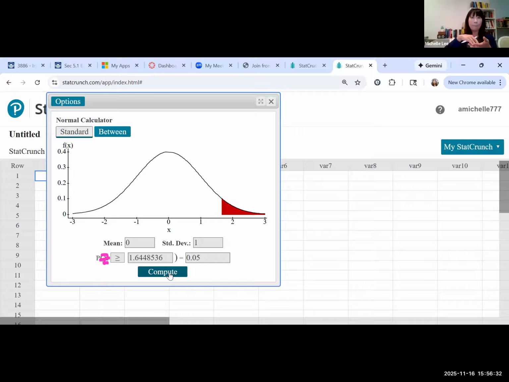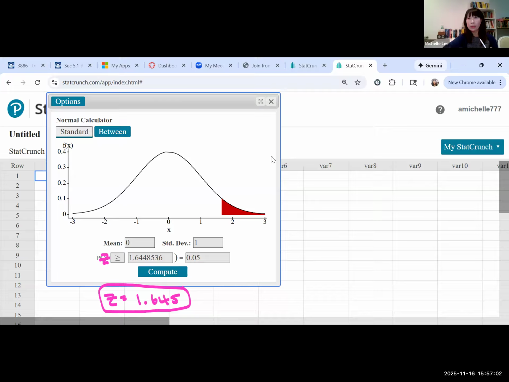All right. So that will be z equal to 1.645 when the confidence level is 90%. That is the z critical value. Make sense? Okay, very good.